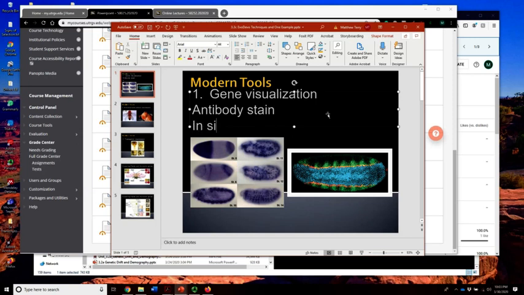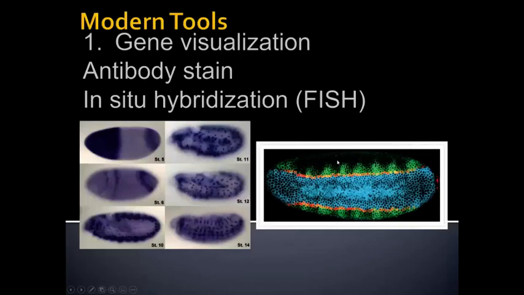The other thing we can do is we can do an in situ hybridization. Now, we've actually come across this before because when we use fluorescence, it's called FISH, which is an acronym for fluorescent in situ hybridization. So this diagram on the right is a FISH where we have three different fluorescently labeled products. And notice that these ones in red are very, very different from the ones in blue, and they're expressing different genes.